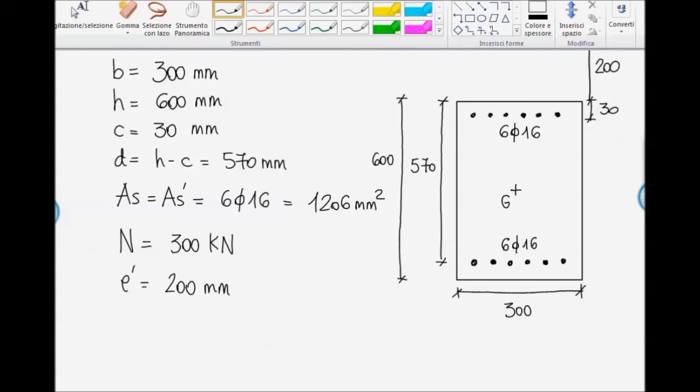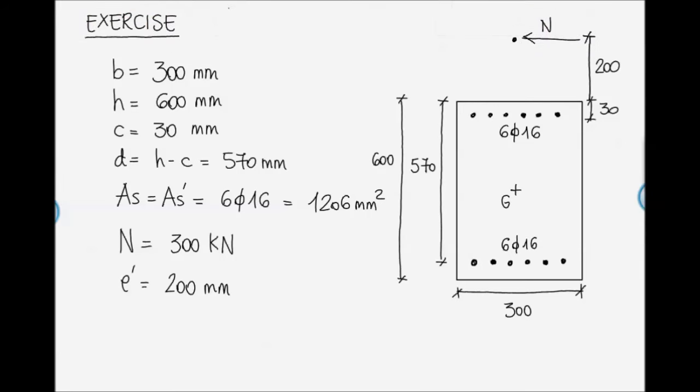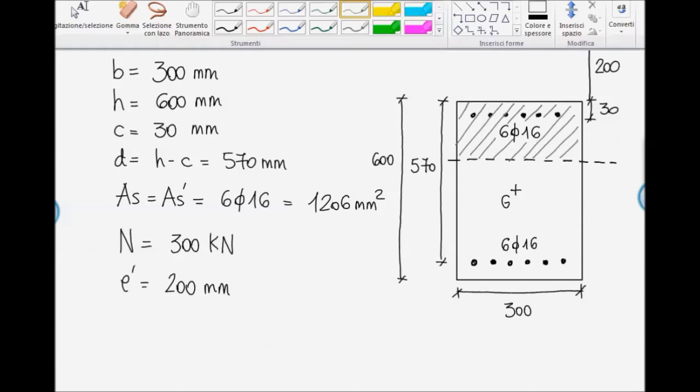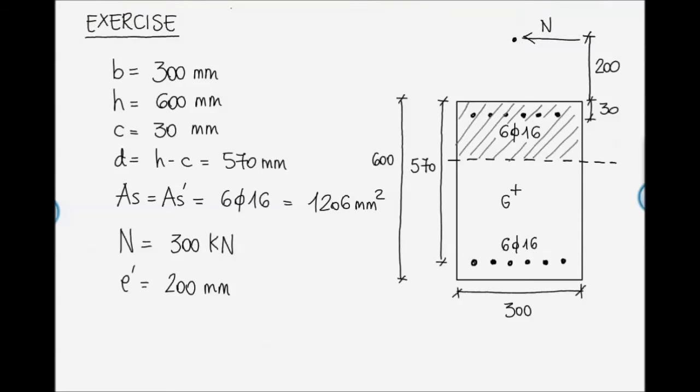So we will have the neutral axis that we can assume, for example, in this position. So the upper portion of the cross-section, depicted in gray, is compressed. And we indicate with X the position of the neutral axis with respect to the superior fiber of the cross-section.